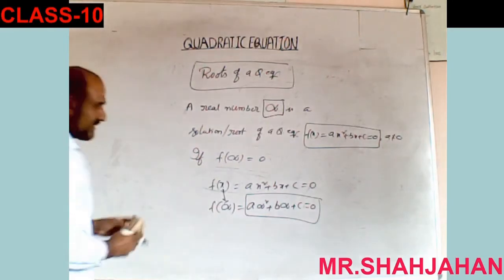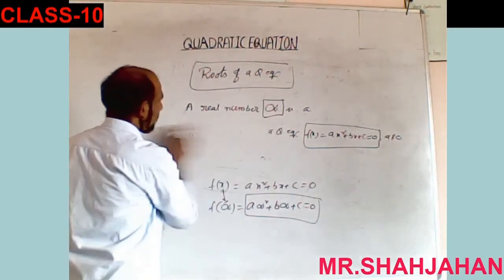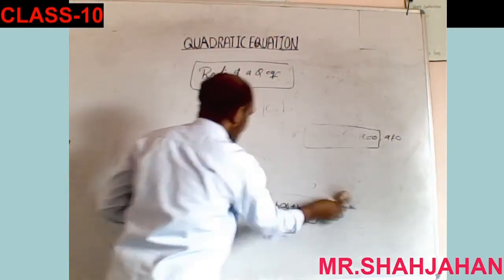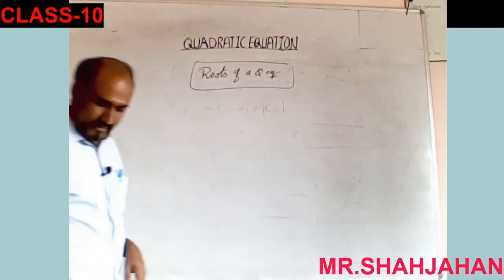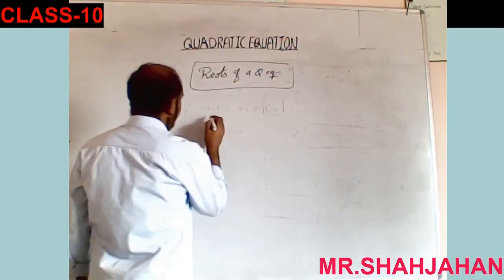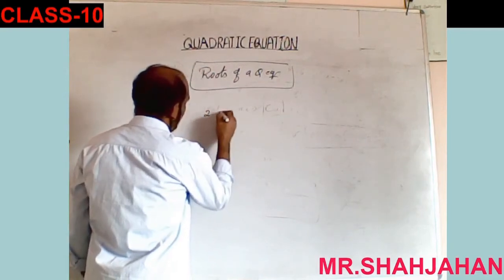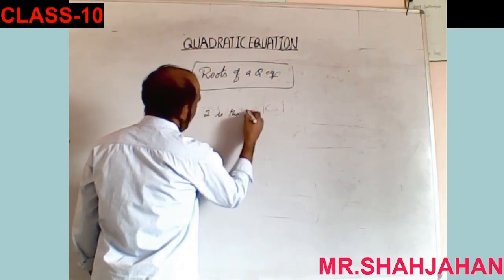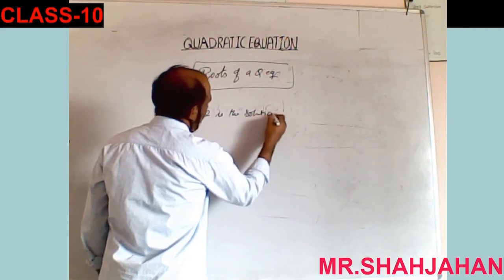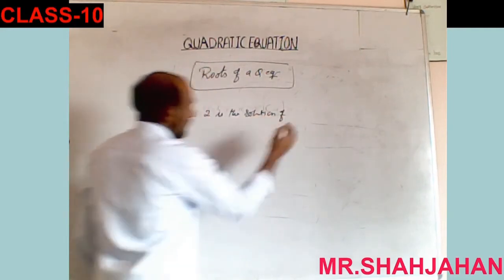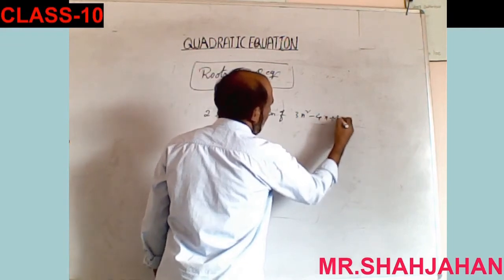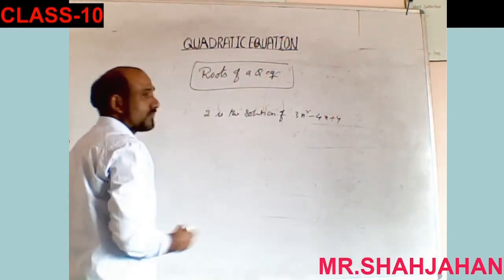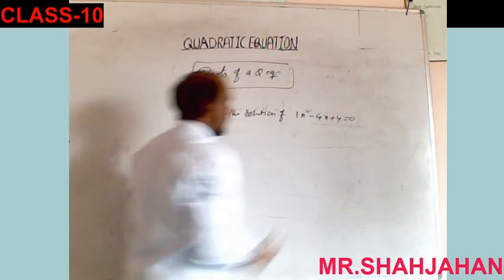For example, we will see this one. 2 is the solution of quadratic equation 3x square minus 4x plus 4 is equal to 0.